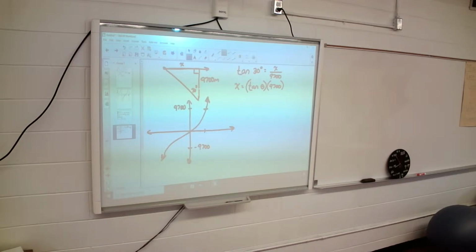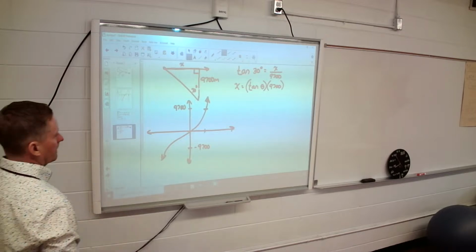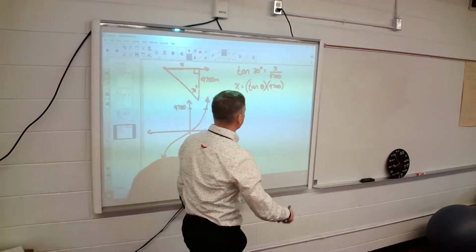Is it 180 degrees? Pi? Oh, then pi, possibly. Okay, you think pi? Anybody else? What does the ratio of tan theta have to be in order for h to equal 9,700? Look at the board.